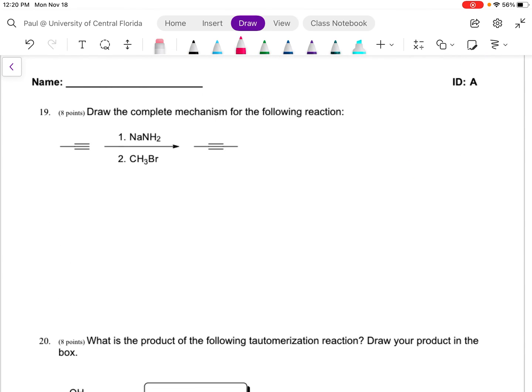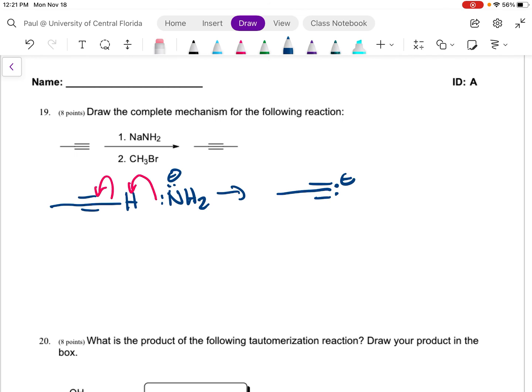Question 19 is a mechanism. So we want to see this process right here. We have our sodium amide right here. It's going to come and deprotonate to generate the alkynide.